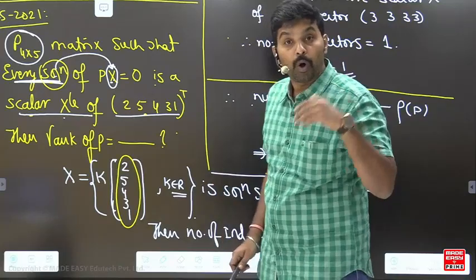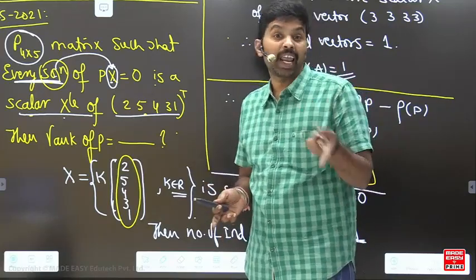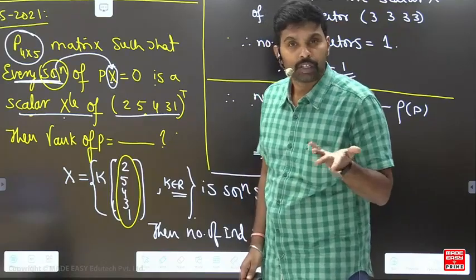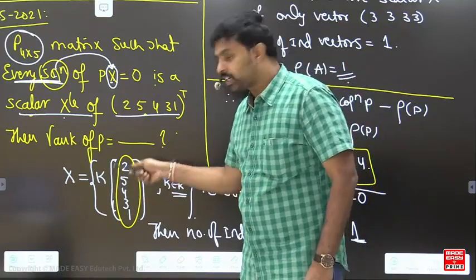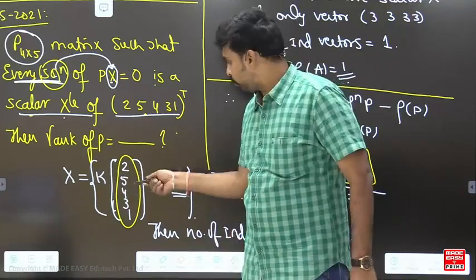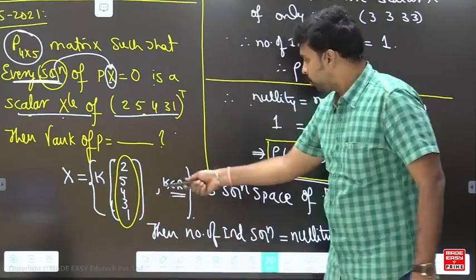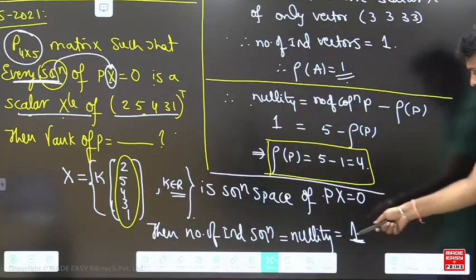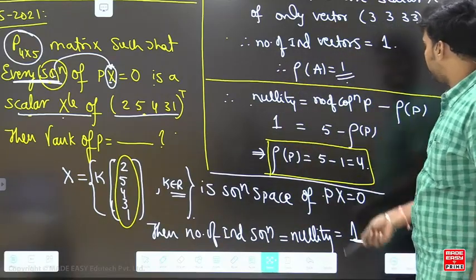If any vector is given by a scalar multiple of another vector, then it is dependent. So all the vectors are dependent, only this one is independent. Therefore the number of independent solutions, which is nullity, is equal to 1.